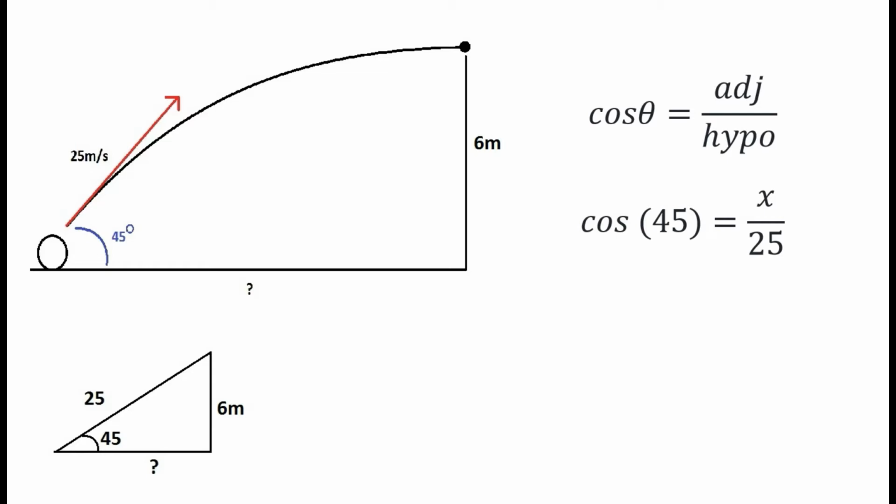After plugging these values in, we cross multiply cosine 45 and 25 just like the first problem. It would then be x equal to cosine 45 times 25. Then we multiply it and our final answer would be 17.68 meters.